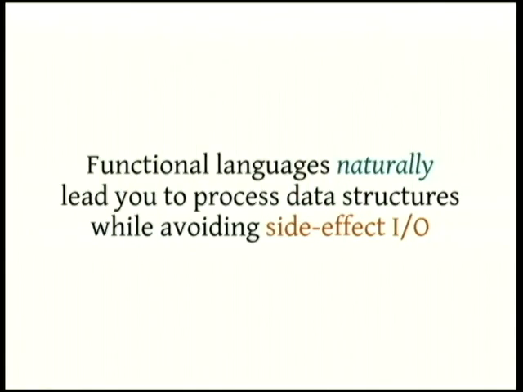Functional languages naturally lead you to process data structures while avoiding side effect I/O. You tend to call functions in functional languages for what they return, not for the sequence of things they happen to do while that code is running.